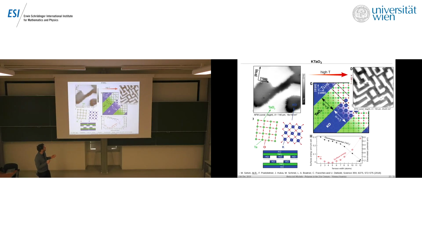Okay, so somewhere between this and this. When we did this paper, we also modeled the case of having a tantalum terrace and a potassium island, and when we went to very large sizes, we saw the formation of a two-dimensional electron gas in this case. Okay.